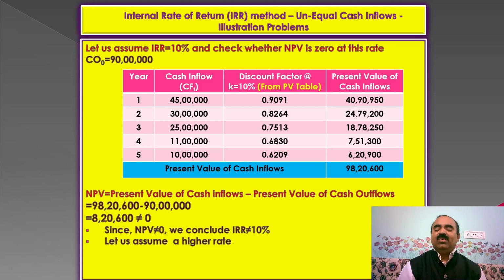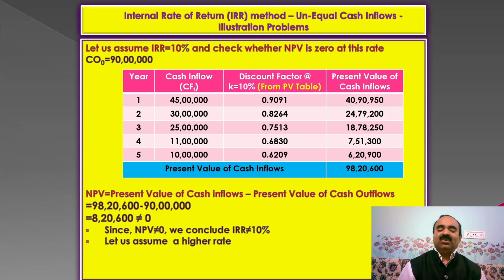That's how we derived the values for the rest of the 3 years. By adding all present values of cash inflows, present value of cash inflows was found as 98 lakhs 20,600, which was shown in the blue row. As we already defined, NPV is present value of cash inflows minus present value of cash outflows.